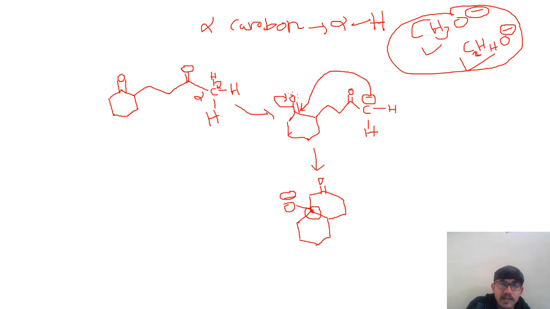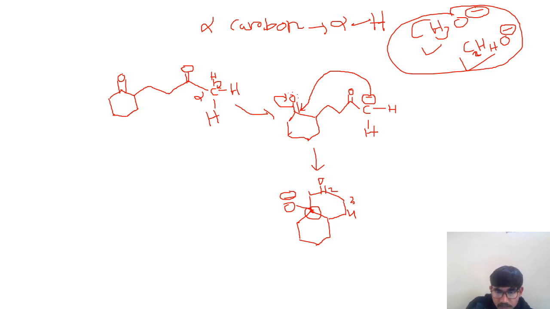So a ring is formed here with four carbons: first, second, third, and fourth. You can see that the ring is formed via the attack of this CH2 minus on this carbonyl group.